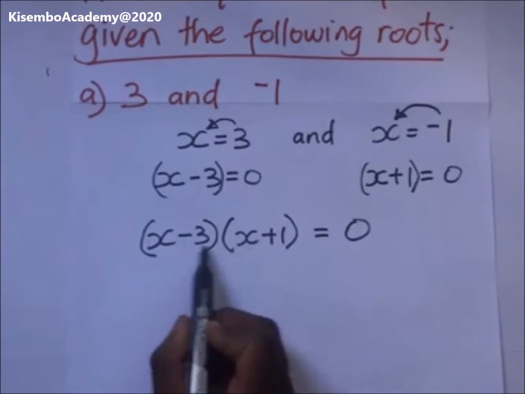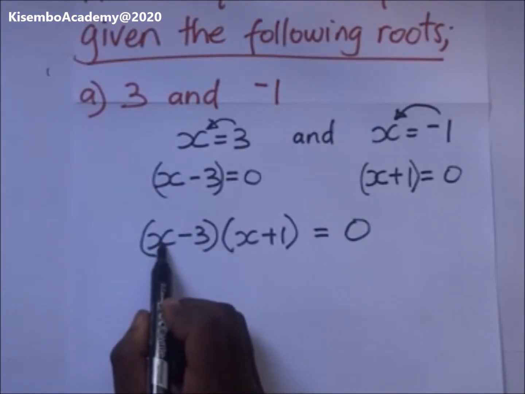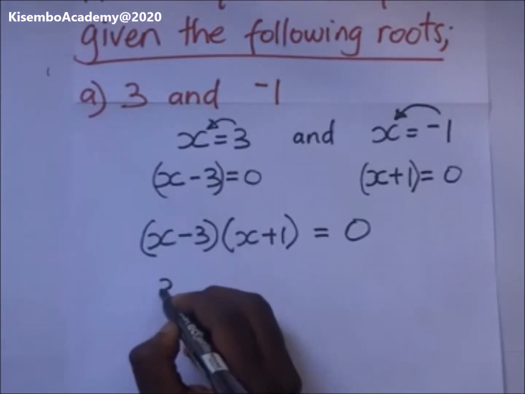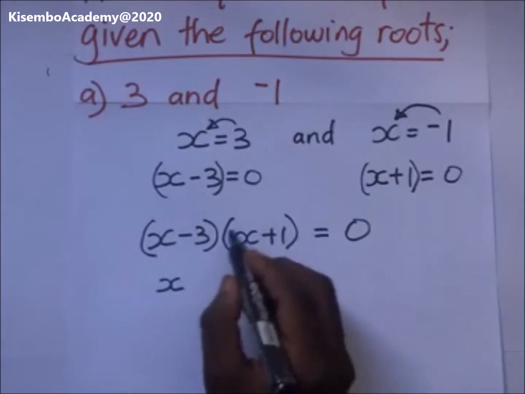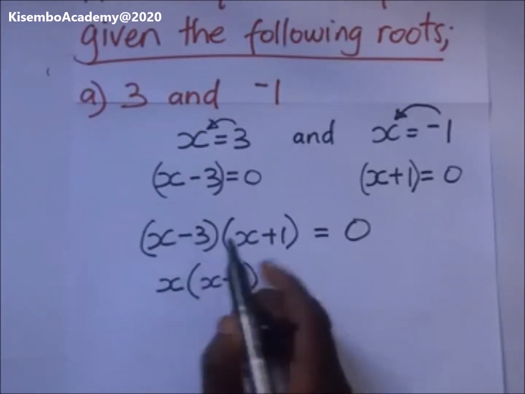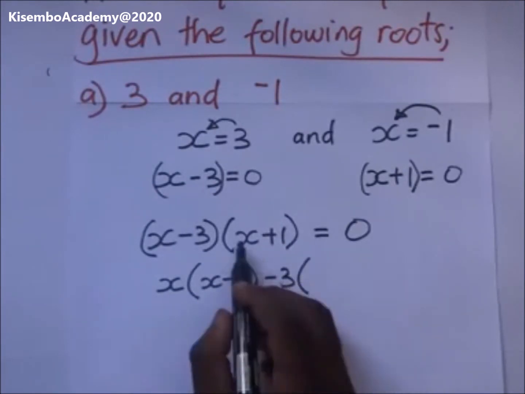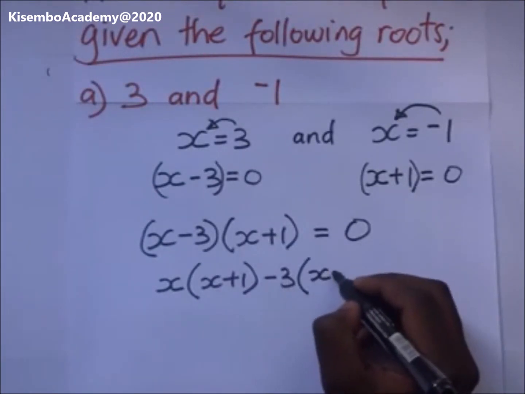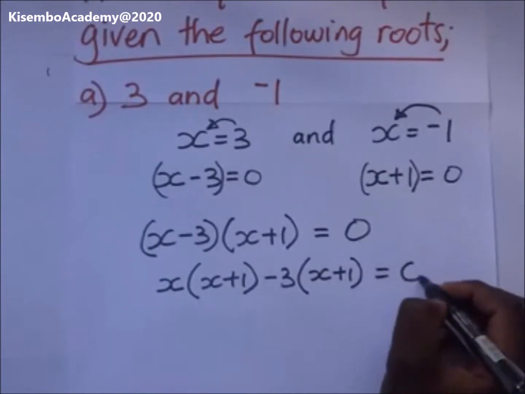Now we open those brackets. It becomes x times the bracket x plus 1, then minus 3 times that whole bracket x plus 1, is equal to 0.